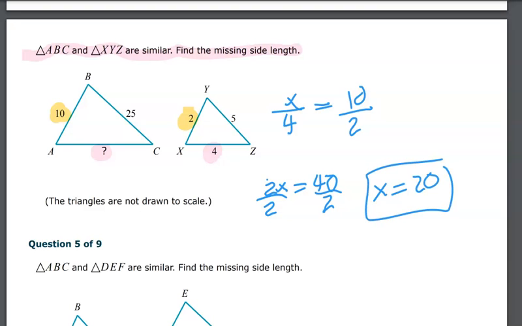And that's my answer. Most of your problems are going to be like this. The next one I'm going to do is the same, except it's not going to involve triangles. It's going to involve some different shapes.